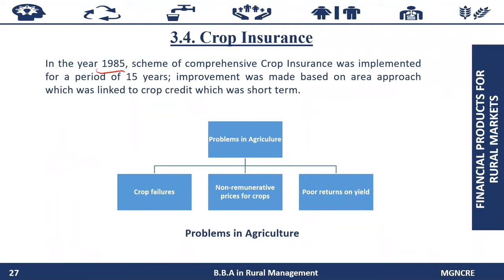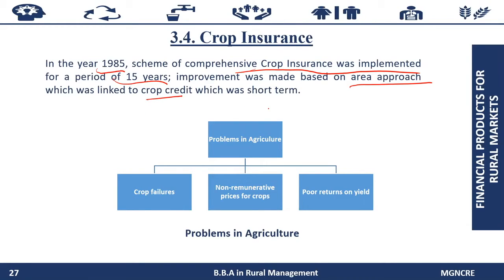In the year 1985, the scheme of comprehensive crop insurance was implemented for a period of 15 years. Then improvement was made based on the area approach, which was linked to crop credit, which was short term.